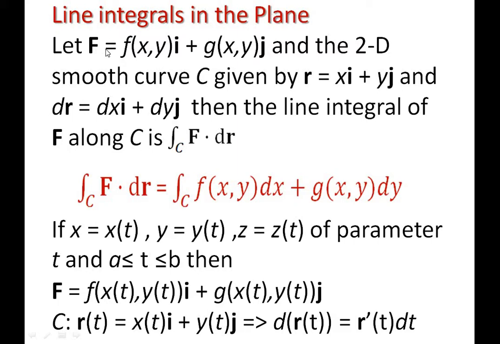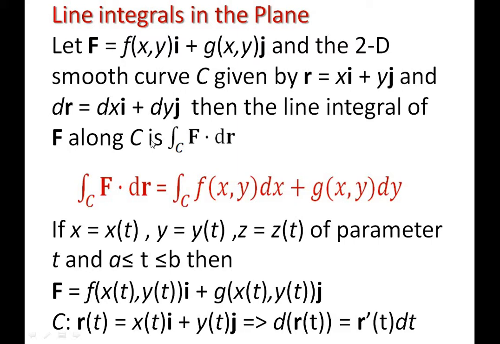Let vector F equal F of x, y i cap plus G of x, y j cap, and let the two-dimensional smooth curve C be given by vector r equal to x i cap plus y j cap, and dr equal to dx i cap plus dy j cap.